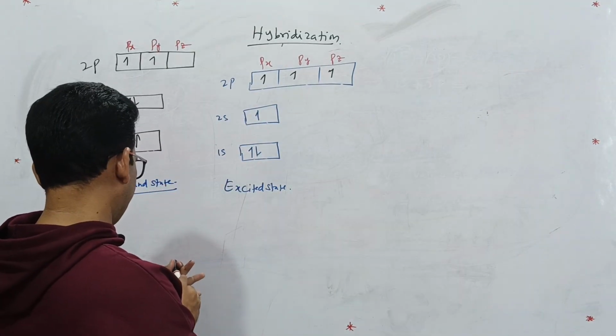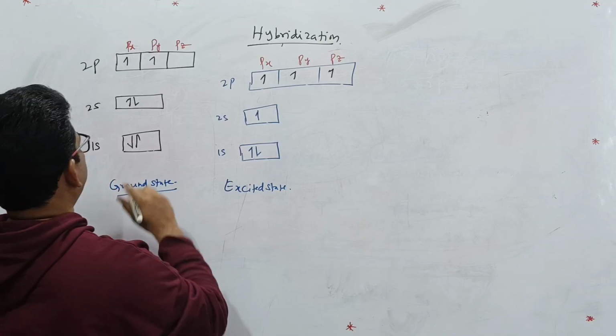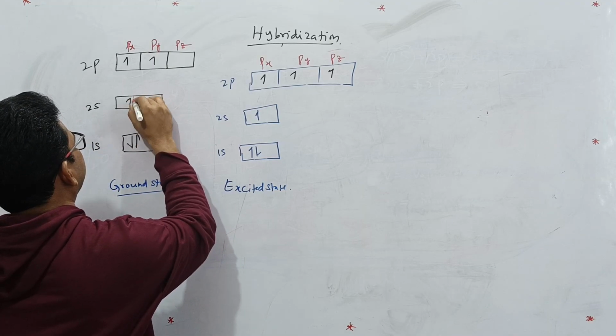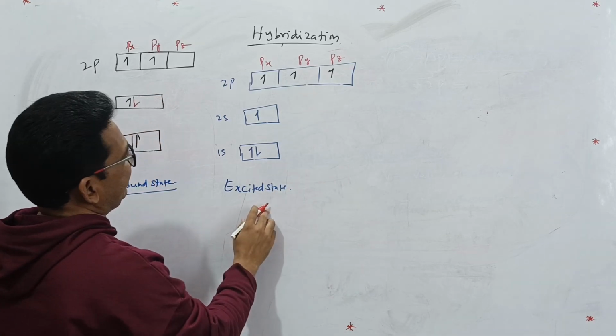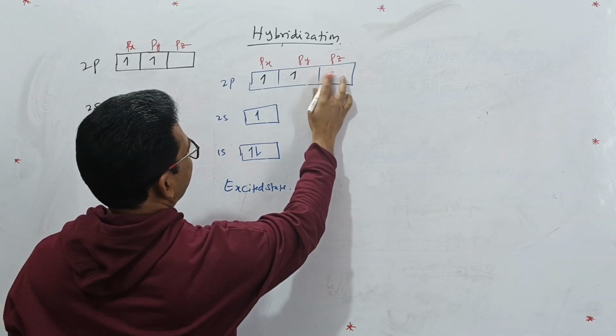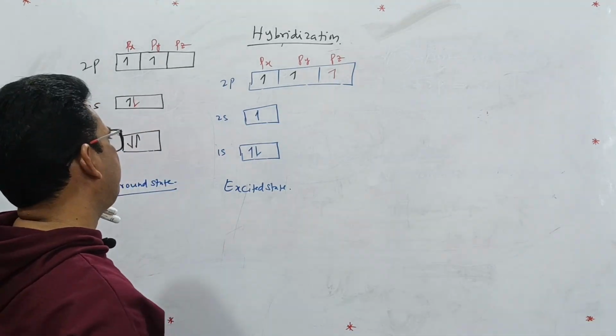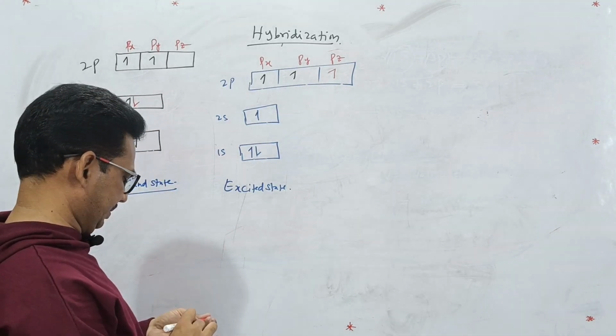One of the electrons is jumping into the excited state, and that's why it fills the pz orbital.